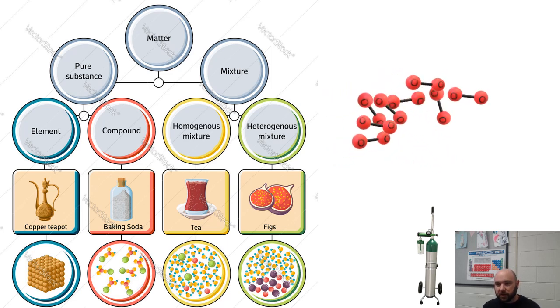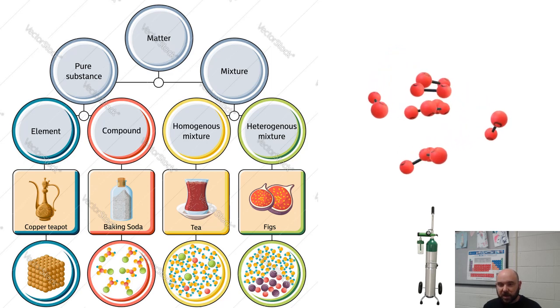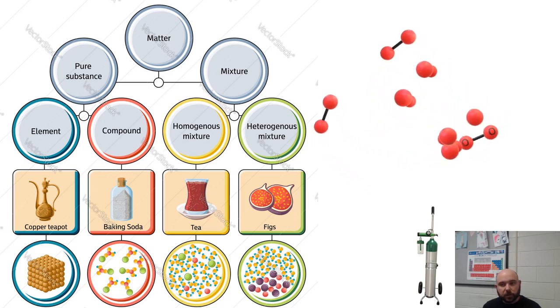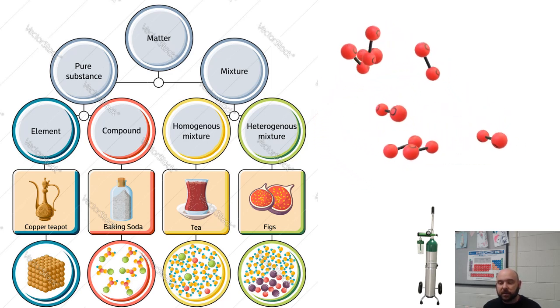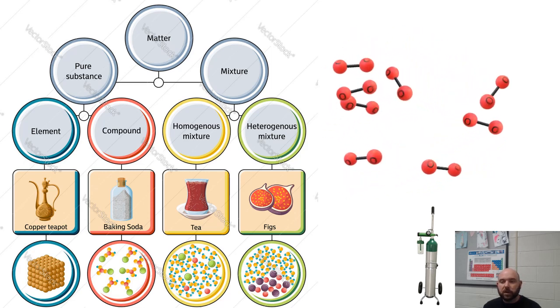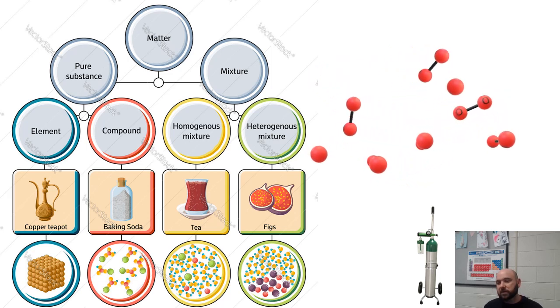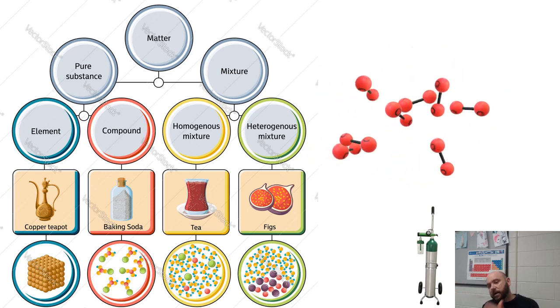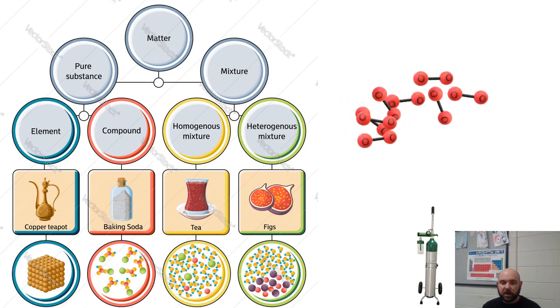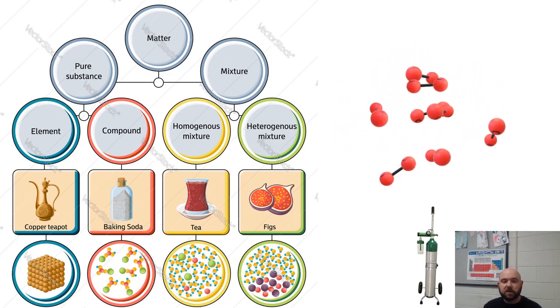So inside of a therapeutic oxygen tank is pure elemental oxygen, and that would look like a bunch of these O2 molecules. But notice they're all the same atom. They're all that oxygen atom with 8 protons. They're floating around and bumping around inside of that tank, but it's considered an element because there's nothing but oxygen atoms contained within that tank.